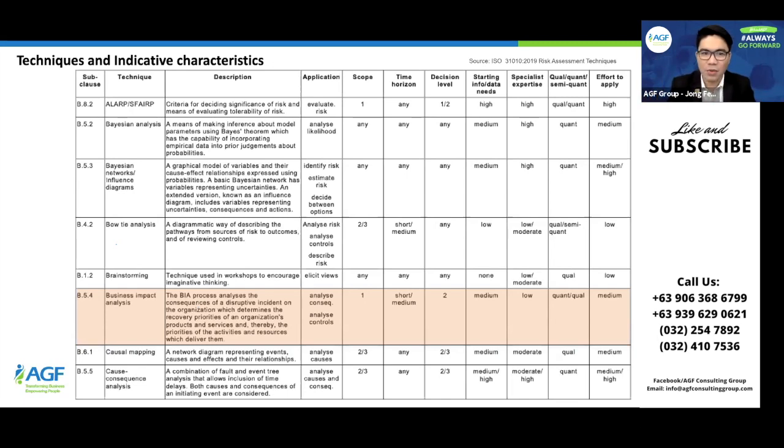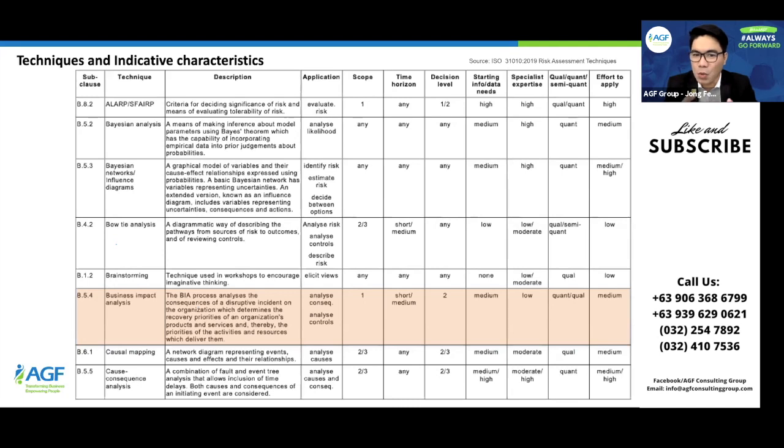My question for you is this: is the BIA, or Business Impact Analysis, a tool that you use for what level? Is it for process? Is it for department? Or is it for enterprise-wide? What do you think? Is it stated there?